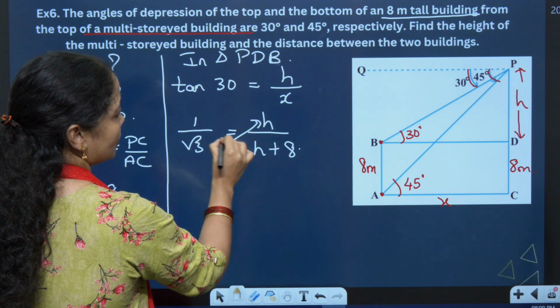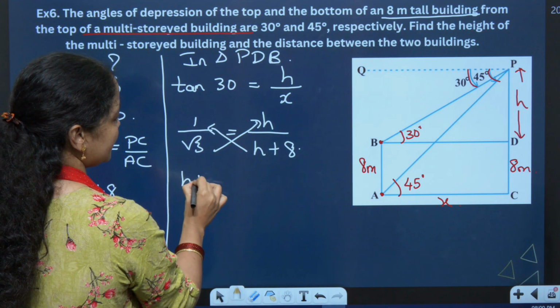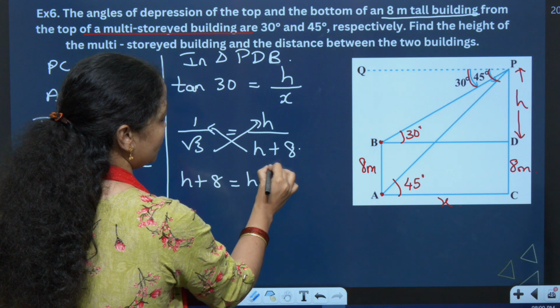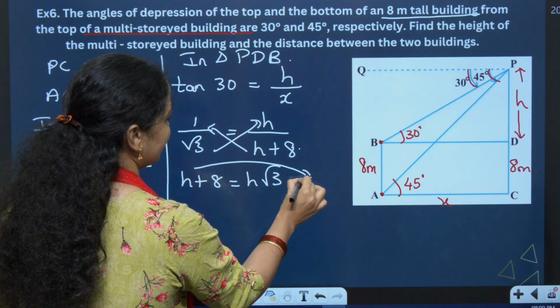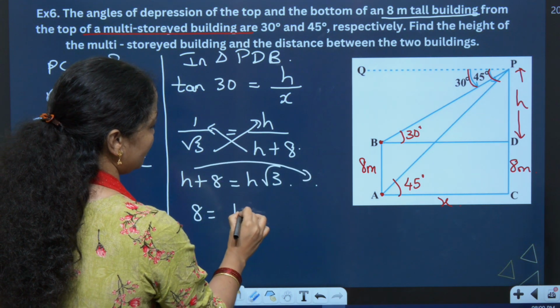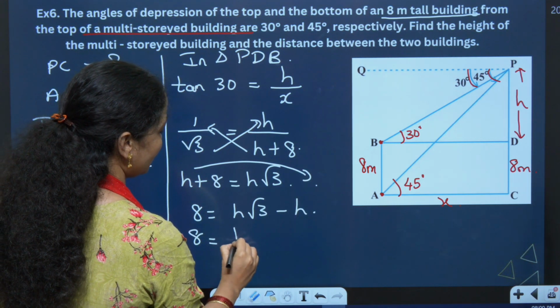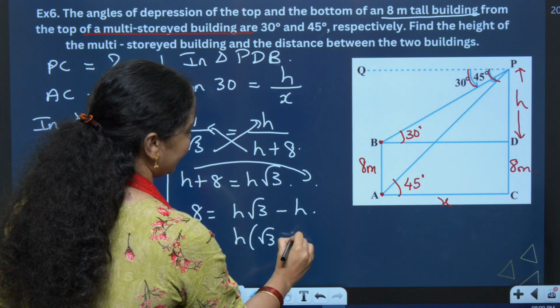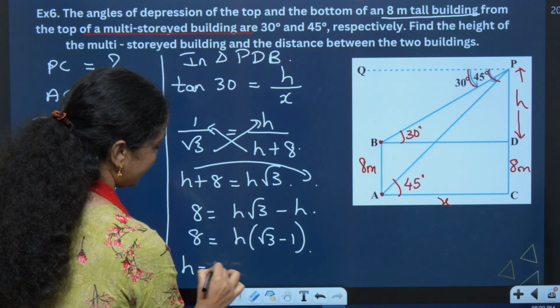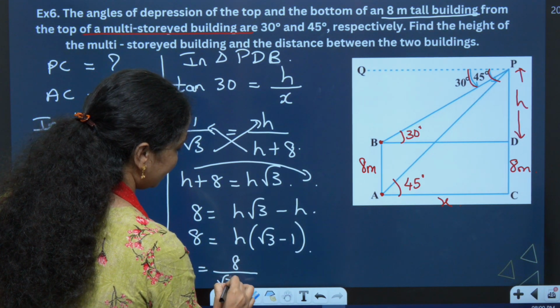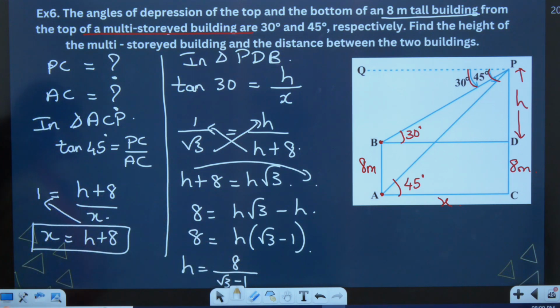So I am just cross multiplying. H plus 8 is equal to H root 3. Shift this here. 8 is equal to H root 3 minus H. So 8 is equal to H common, root 3 minus 1, and hence H is equal to 8 by root 3 minus 1. I have to rationalize this.